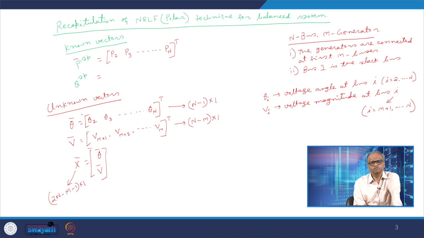Q specified is only for the load buses, because for the generators we do not know, but for the load buses the loads are known, so the specified reactive power is the negative of those. So we have Q m plus 1, Q m plus 2, ..., Qn. Again this is n minus 1 cross 1 and this is n minus m cross 1.